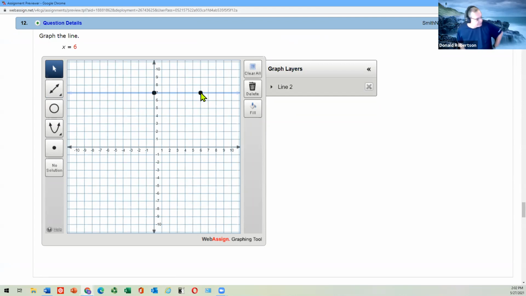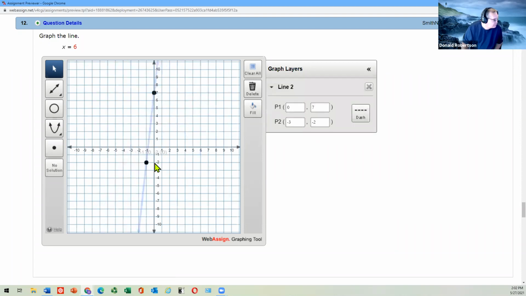In this case, it's 7. So that's what y equals 7 would look like. If you keep your mouse pointer on it, you can actually move points around. Kind of cool to play with it. There's a vertical line, x equals 6.